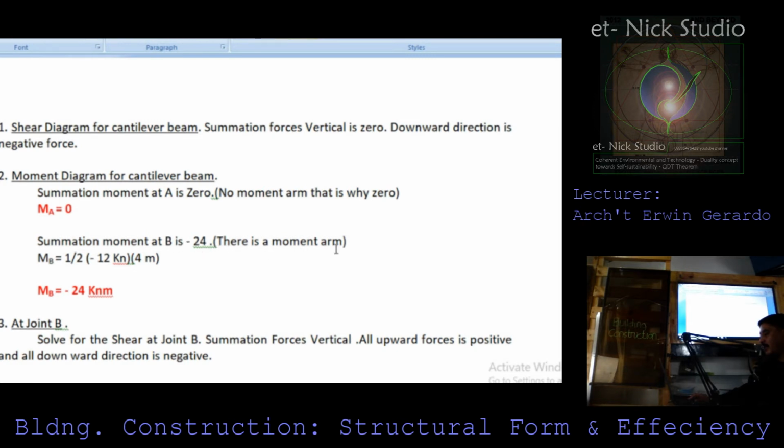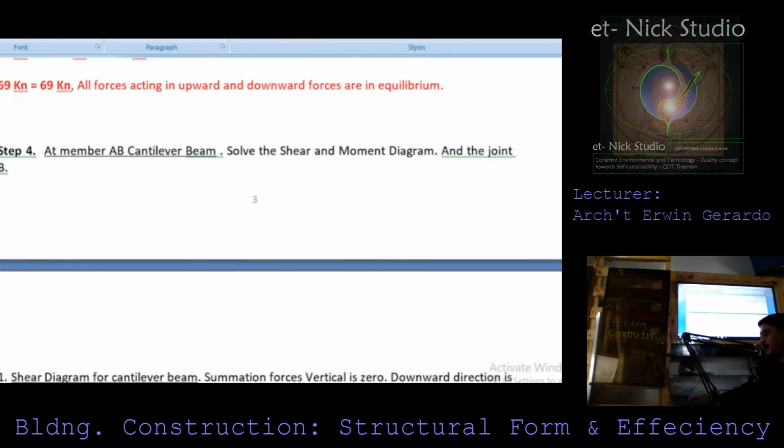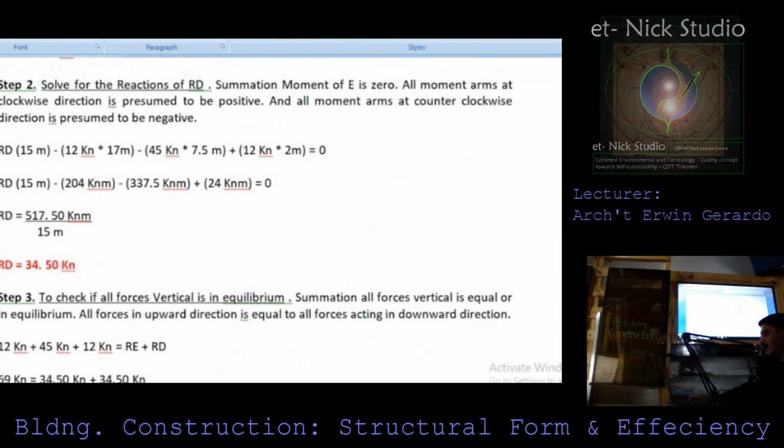So there is actually a moment arm. So 1/2 times 12 kilonewton times 4 meters. Because this one is found downward, it is negative 24 kilonewton meter. So let us take a look at the diagram here.